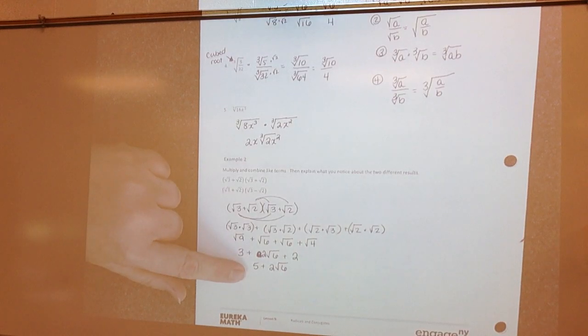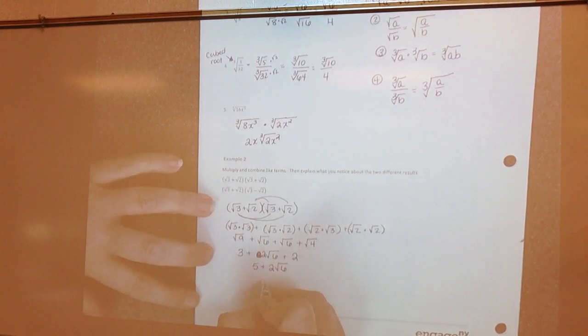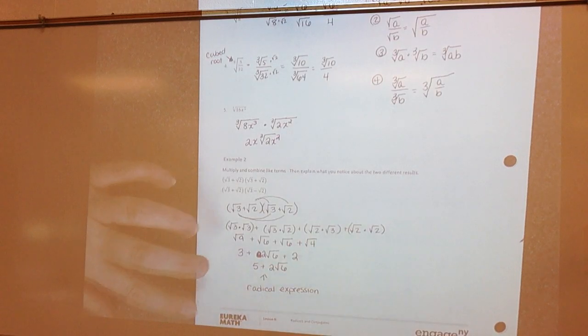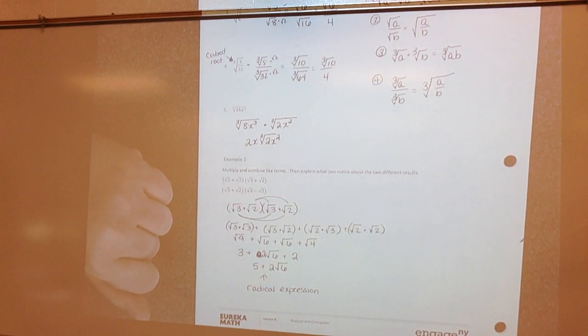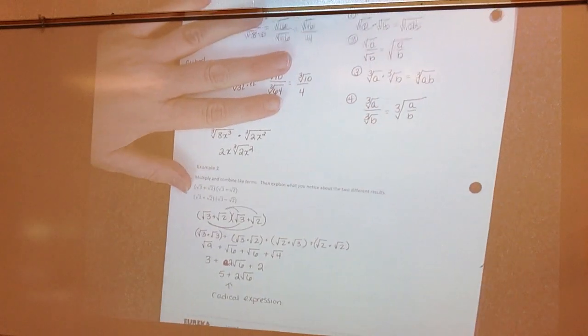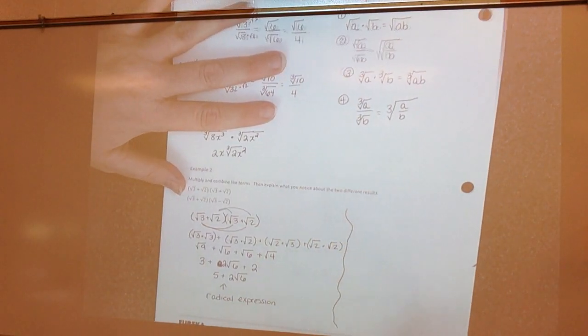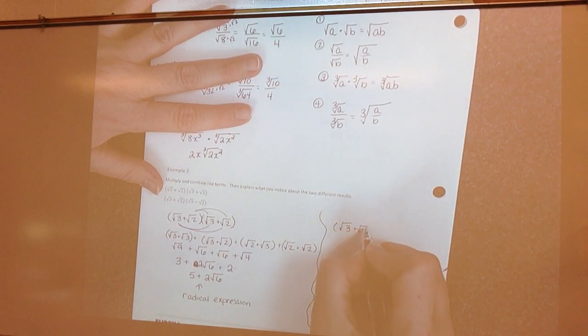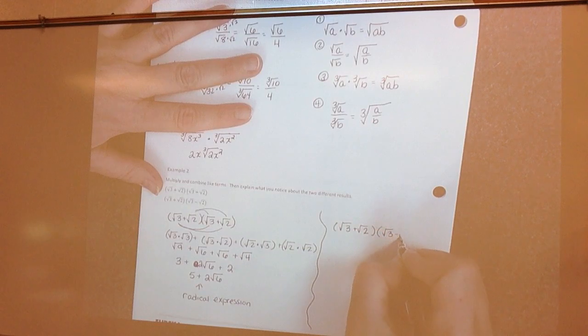Guys, this is a radical expression. I know it's a radical expression because it has a radical in the answer. Let's look at the second part. It wants us to do the square root of 3 plus the square root of 2 times the square root of 3 minus the square root of 2.